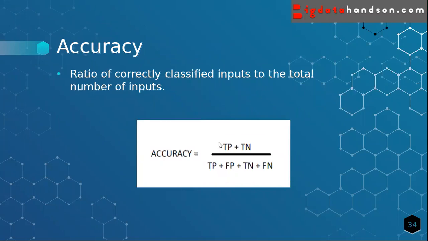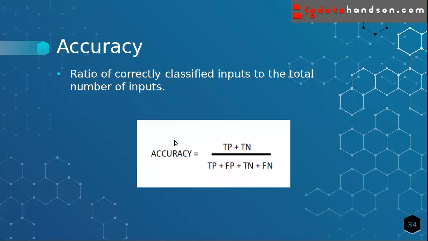The equation is TP plus TN divided by TP plus FP plus TN plus FN. That means correctly predicted divided by the whole of the predictions. This is the ratio of correctly classified inputs to the total number of inputs, and that will be the accuracy of our model.